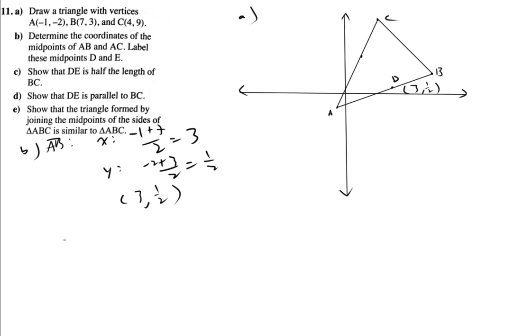And then we take a look at AC. So if we take the average of the 2 x coordinates, we're going to get -1 plus 4 all divided by 2, which is going to be 3/2. And for the y coordinates, we're going to take -2, add that to 9, divide that by 2, which is going to give us 7/2.